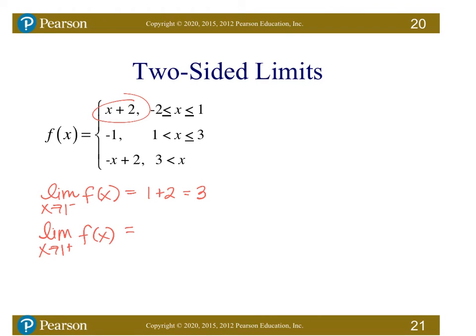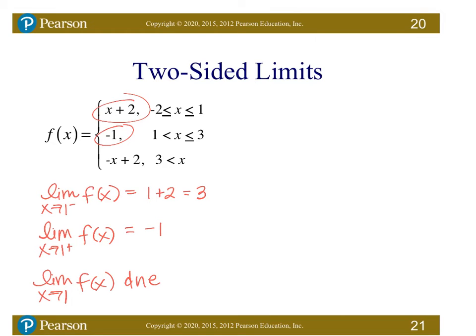When I'm checking 1 from the right, I drop down to the middle piece of the function, and that gives me a value of -1. So my conclusion here is, because the two-sided limits don't match each other, we would say the limit as x approaches 1, as a whole, 1 with not a plus or a minus, just 1, does not exist, DNE.